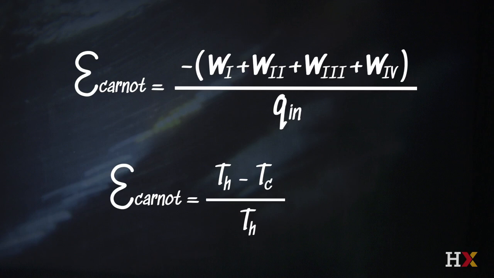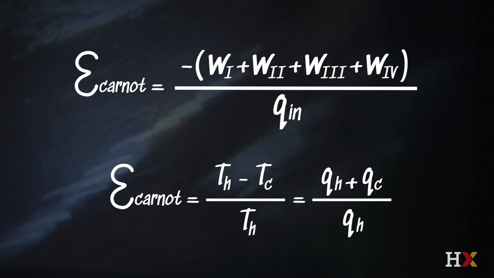But we can also write this as the sum of the heat that enters on the high pressure side plus the heat that exits on the cold side divided by the heat that comes in to the high pressure side.